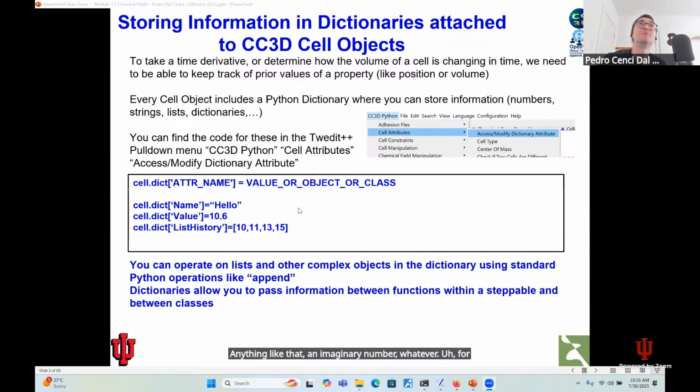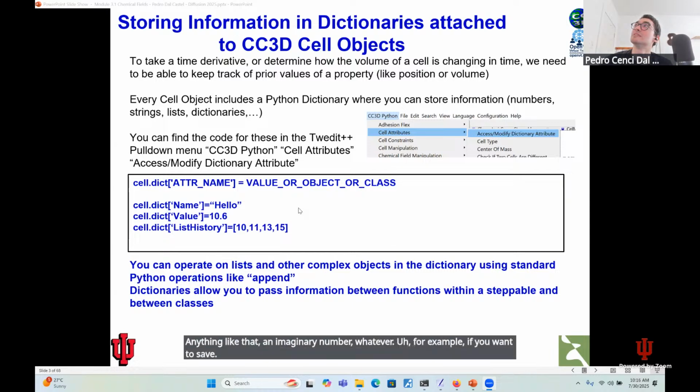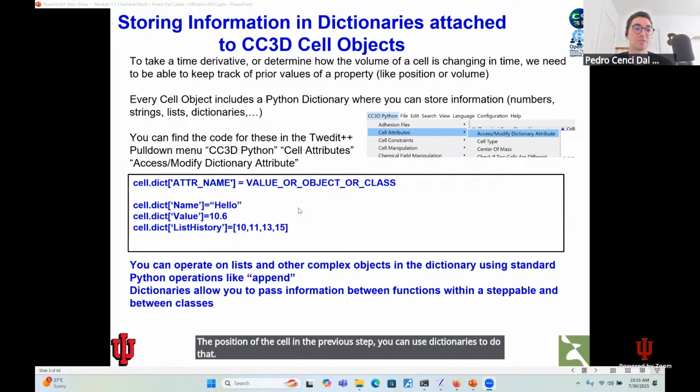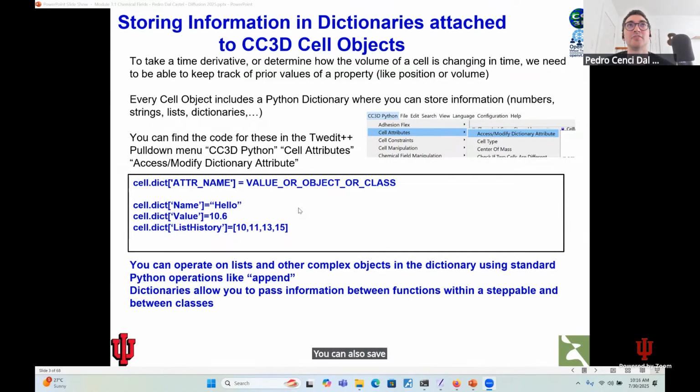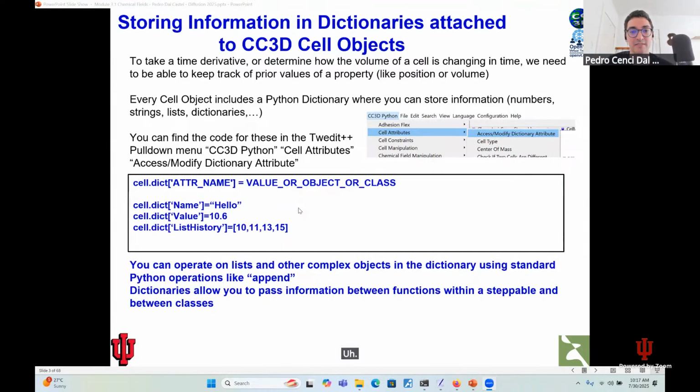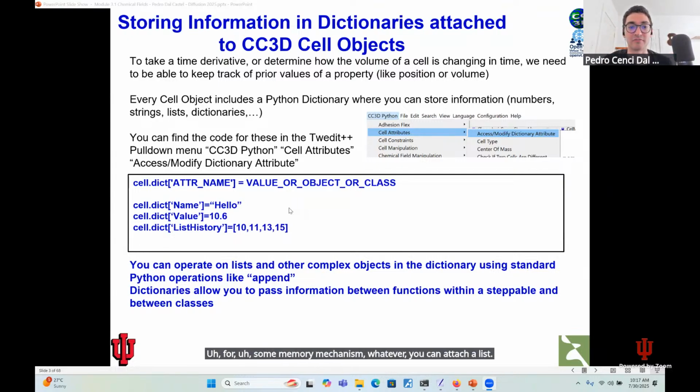For example, if you want to save the position of the cell in the previous step, you can use dictionaries to do that. You can also save a history. So let's say your cell remembers the past values of something for some memory mechanism, whatever. You can attach a list of numbers instead.